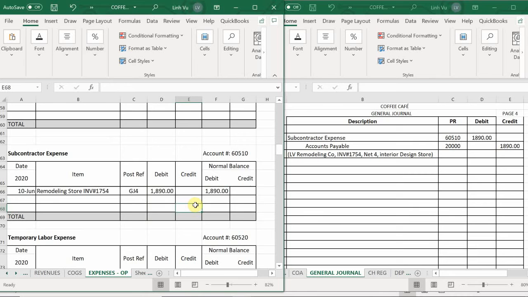I'm sorry, I'm lost. Are we on the general ledger? Yes, because we finished our journal, so the next step is to do the ledger.